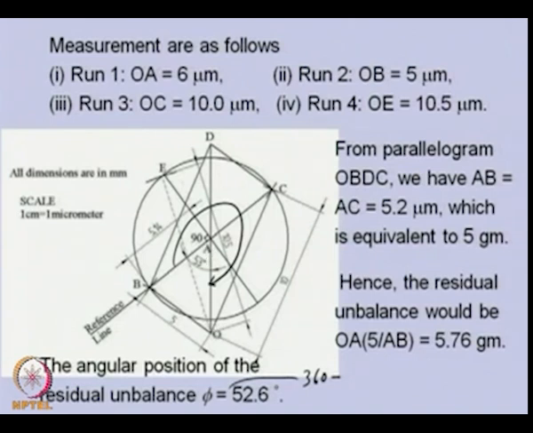We can measure this also, and then we can obtain what should be the equivalent weight of the residual unbalance. So it comes around 5.76, and the orientation is 360 minus 53 degree. So with this example, it is clear how we can get not only the residual magnitude but its orientation also. Whether we get the intercept here or here will decide how we should measure the angle, either from this side or this side.